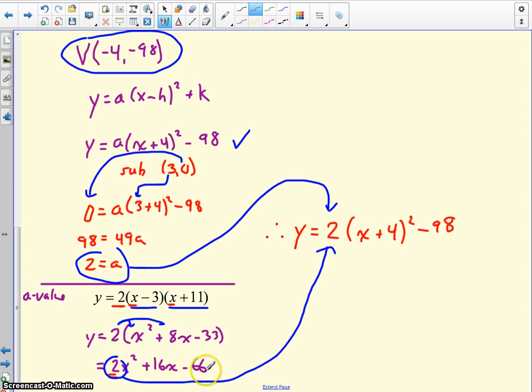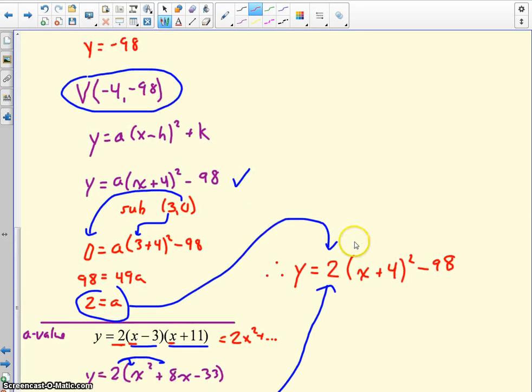There are other parts in standard form as well, but all that matters is the a value here. So that could be a potential shortcut if I wanted to get the a value in standard form without doing tons of work. Okay, now it was a coincidence here that the a value in factored form, the 2 here, happened to be the same as the one in vertex form and standard form. That won't always be the case, as you'll see in the next example.